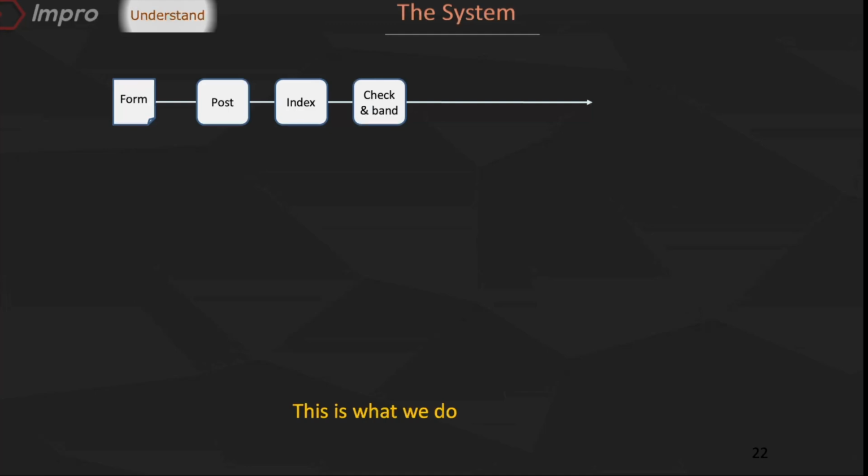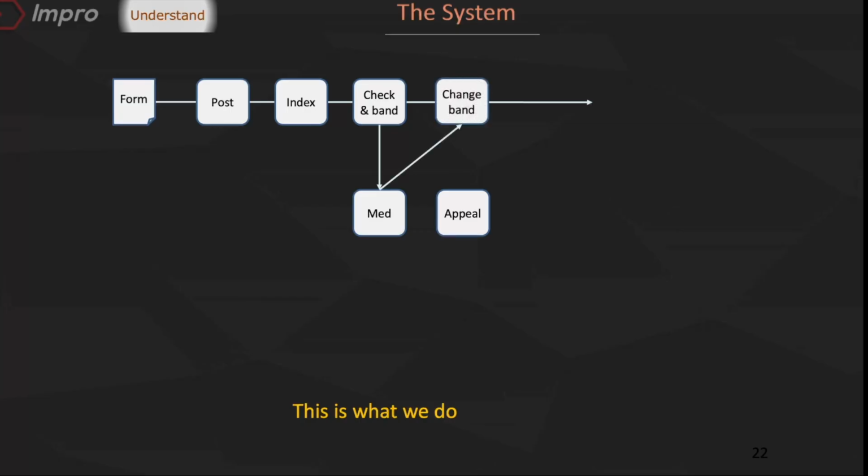We have to check that information, and we give them a banding based on what they've submitted. And if they submit a medical form, we need to check that, and if they don't agree with the banding that we've given them, they're allowed to appeal. And once the medical form has been analysed, we may change their banding.